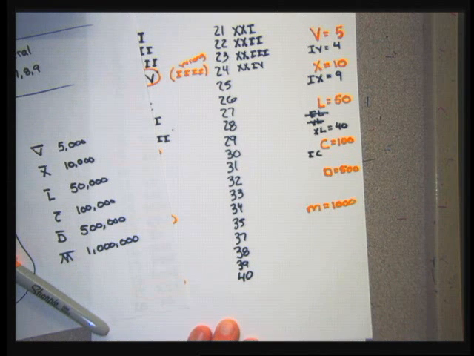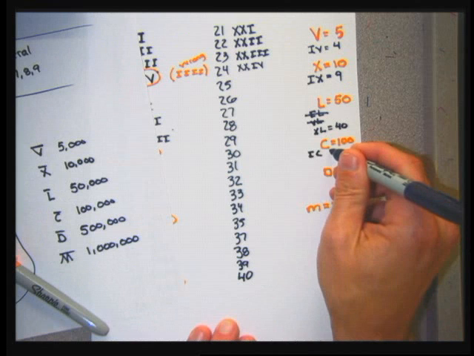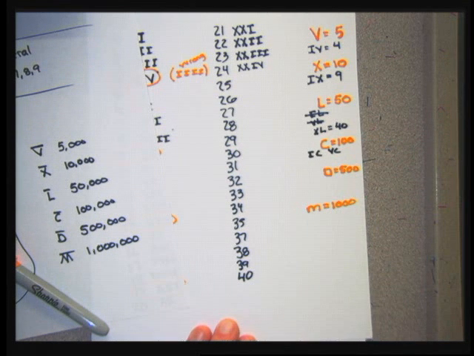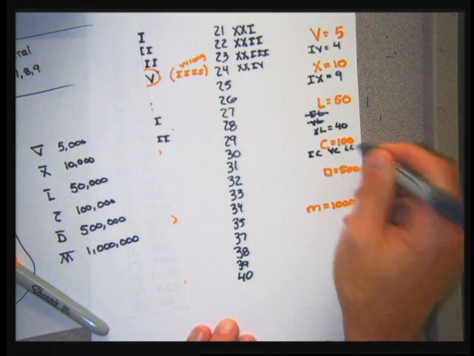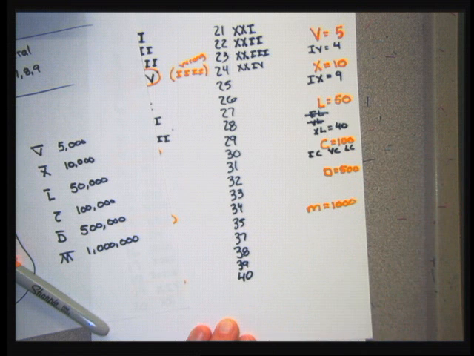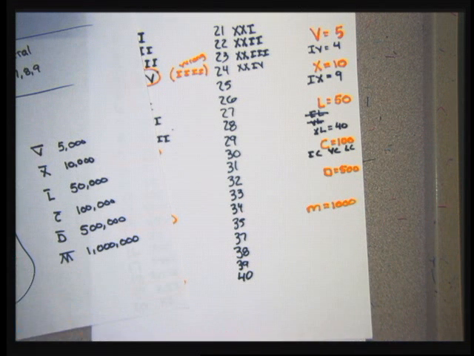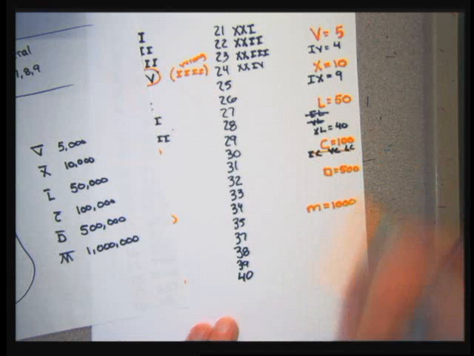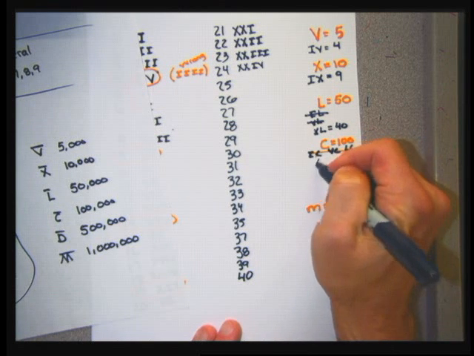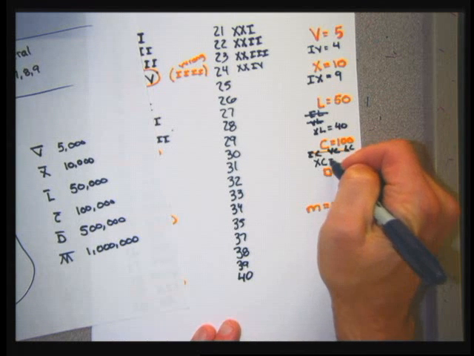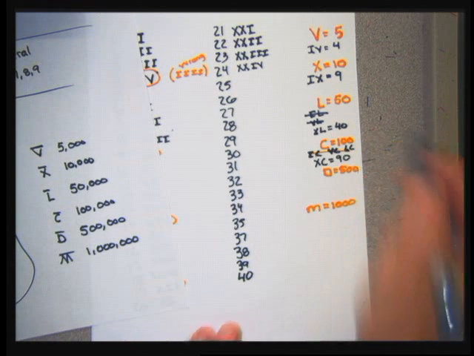That's not something Romans do. They won't use VC, which seems like that should be 95. They won't use that. And they don't use LC. LC would be 50 less than 100, which seems like 50. They won't use that as well. But what they will use is XC. And XC is going to be 10 less than 100, which is 90.